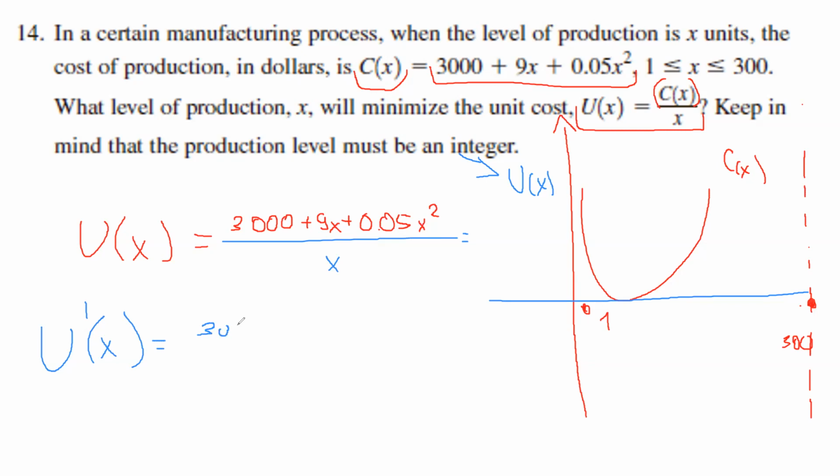So 3000 plus 9x plus 0.05x squared times g prime of x. So it's 1.